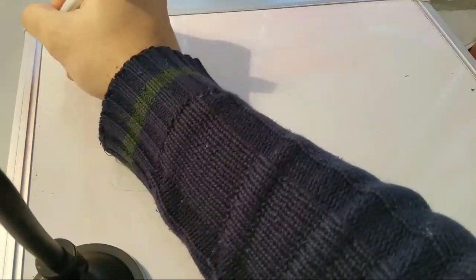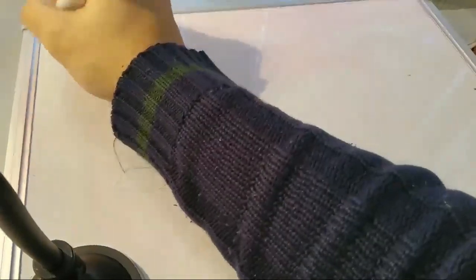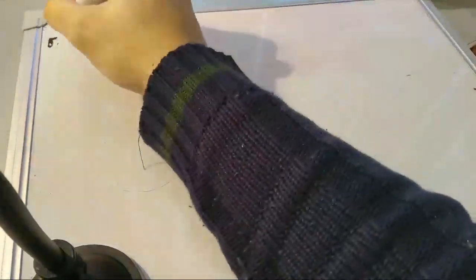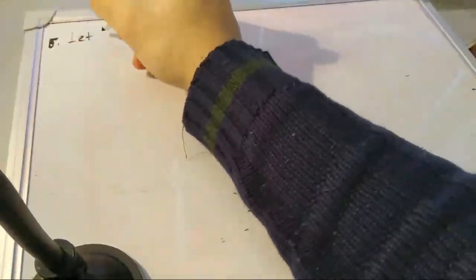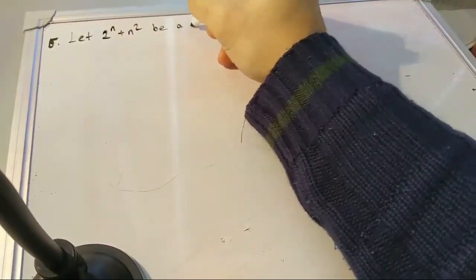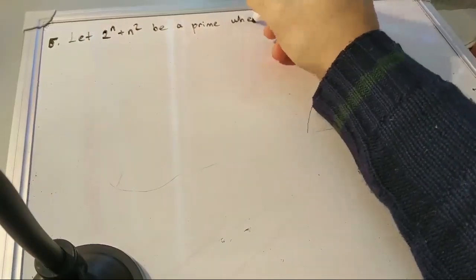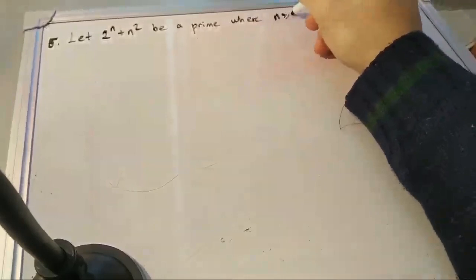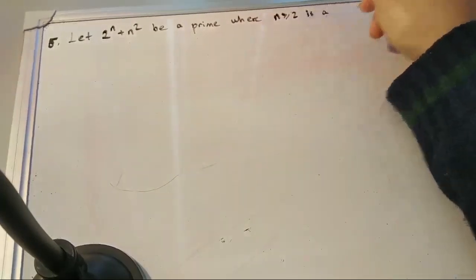So let's take a look. Question 5. Let 2 to the power of n plus n squared be a prime, where n is greater than or equal to 2, a natural number.